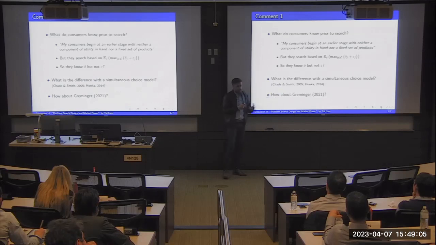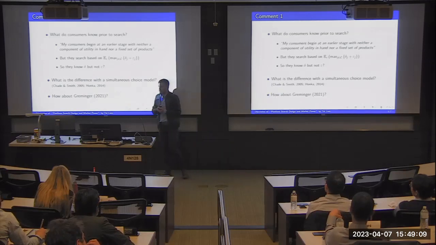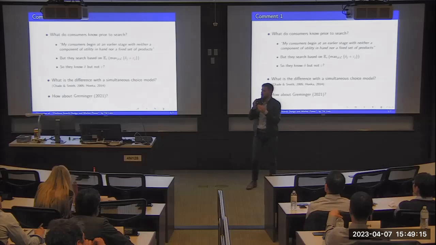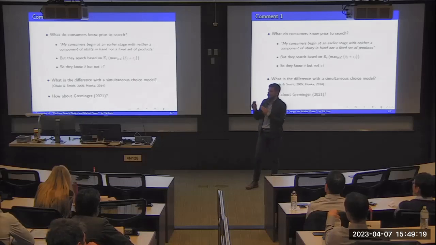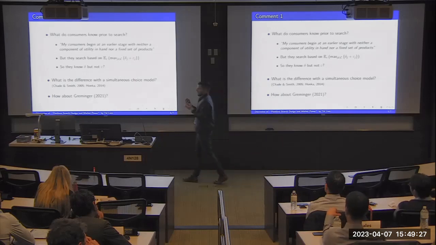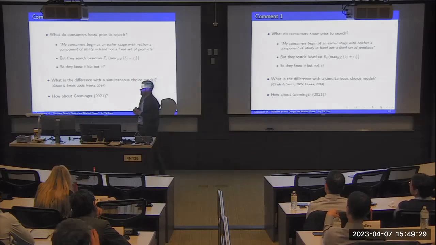I think another relevant paper is a recent paper, a couple of papers by Rafael Greminger, who really thinks about extending the sequential search a la Weitzman, allowing not just for the decision of which products I click on and which I don't, but also how far I scroll down in the search results, which is a little bit what Tai is thinking about when approaching this model.